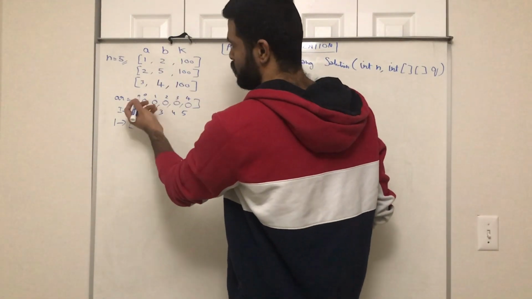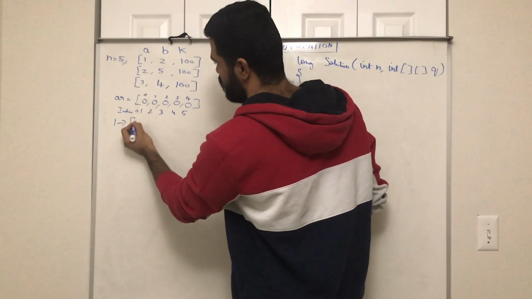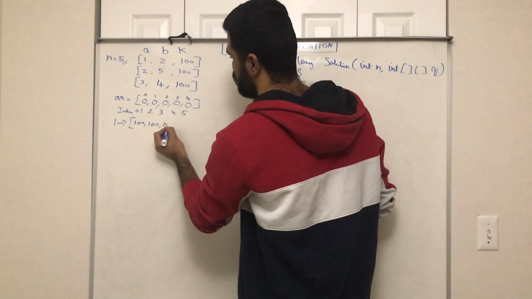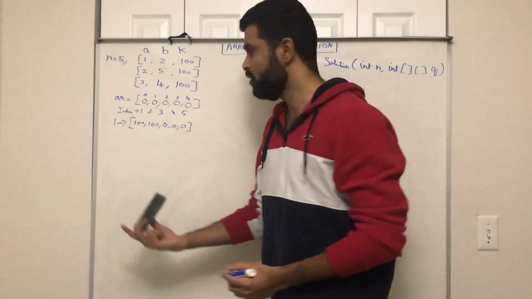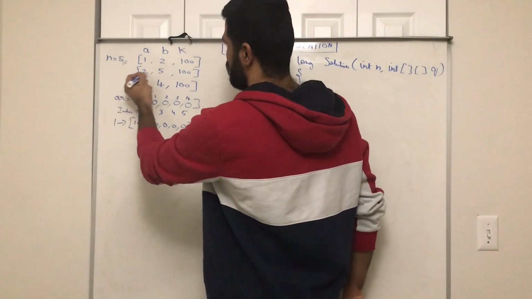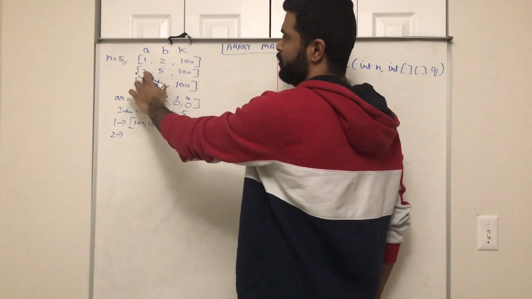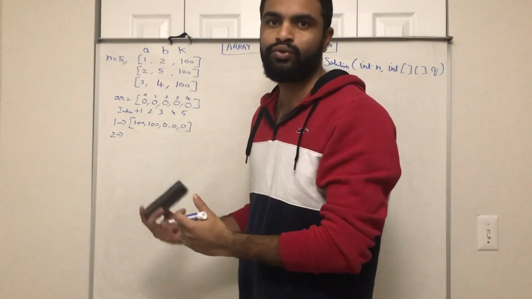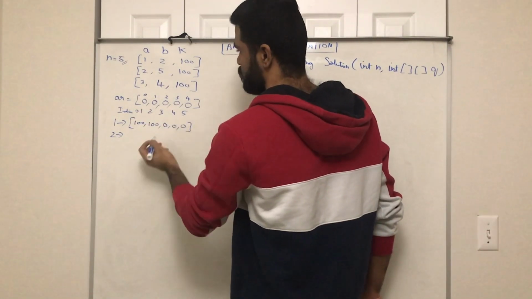So 1 to 2 is nothing but from here to here. That will become 0 plus 100 is 100, 0 plus 100 is 100, and all others will be 0. This is after executing query 1. Let me execute query 2 now. In query 2, A is 2 and B is 5, and I have to add 100 from 2 to 5, which means from here to here.